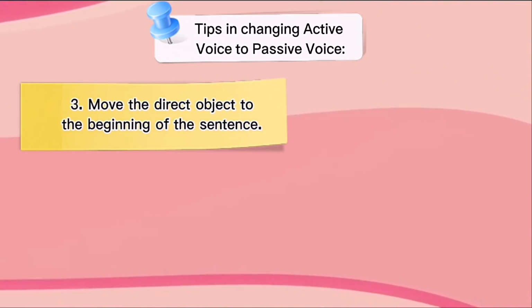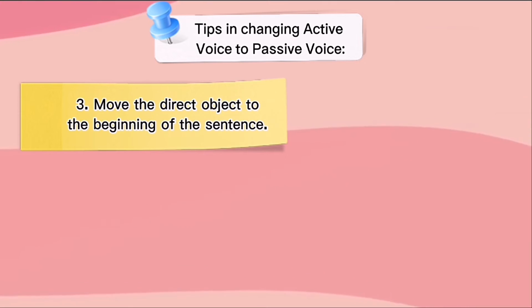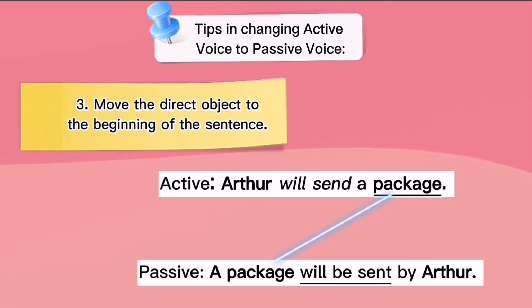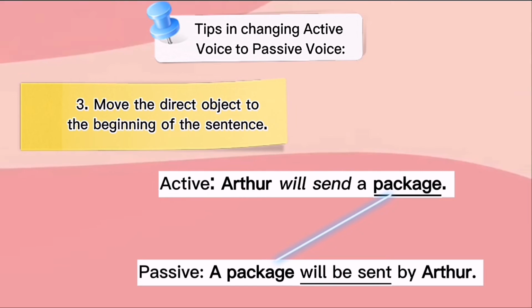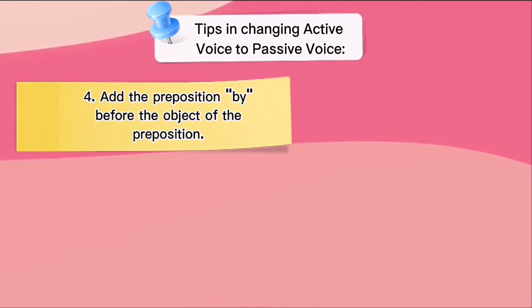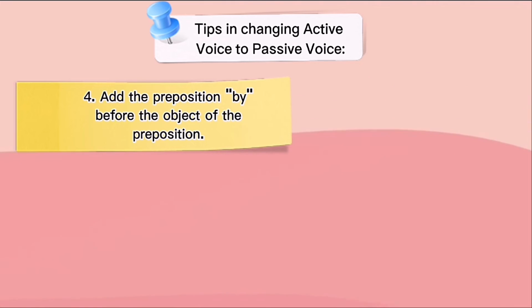Number 3. Move the direct object to the beginning of the sentence. Number 4. Add the preposition by before the object of the preposition.